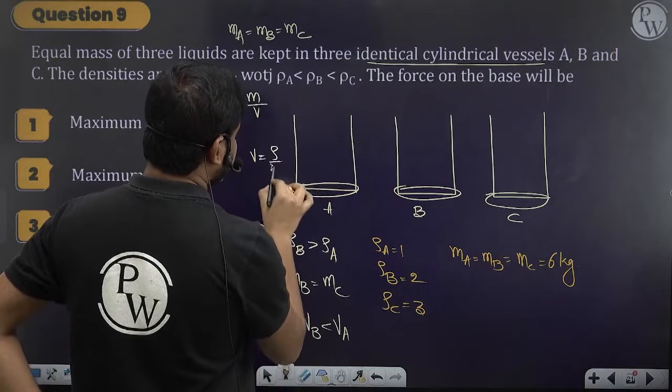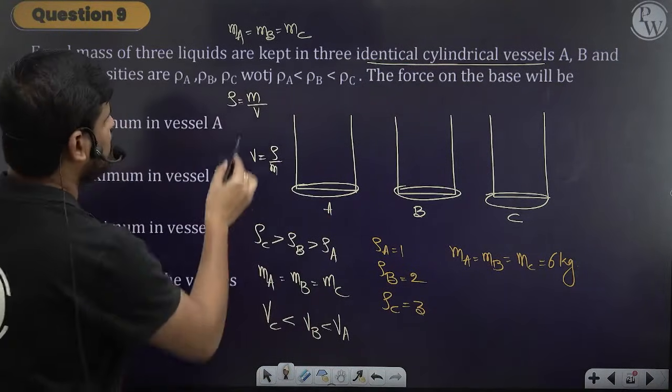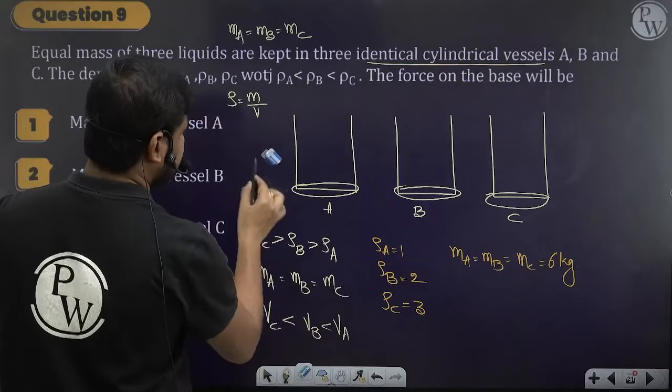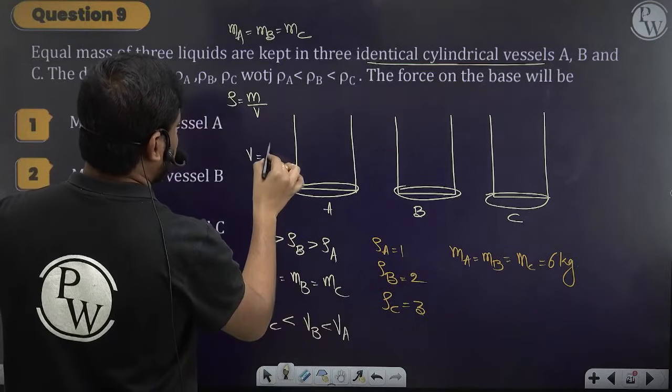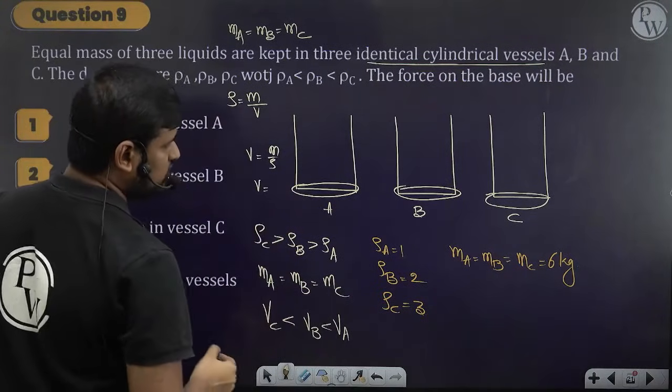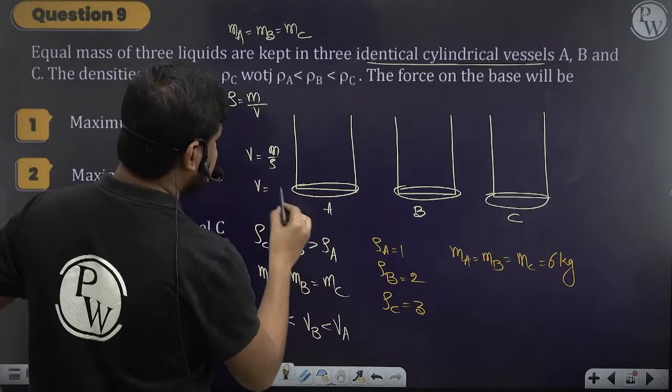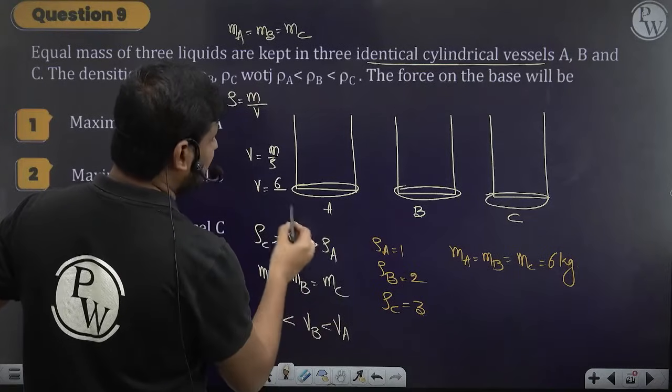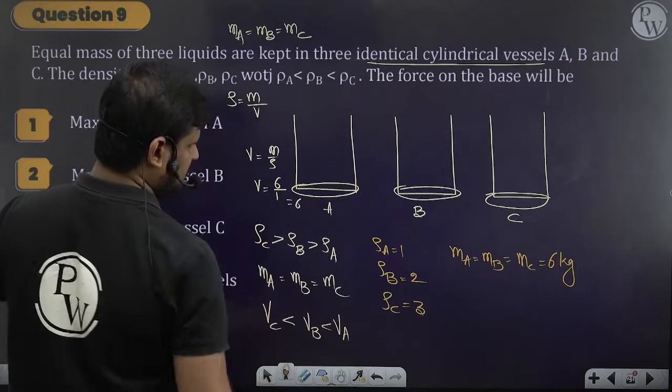Volume is equal to mass upon density. For the first one, the mass is 6 kg and the density of A is 1, so the volume is 6 liters.